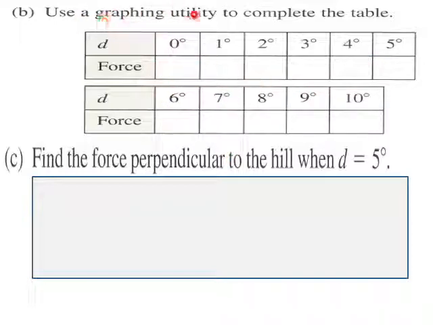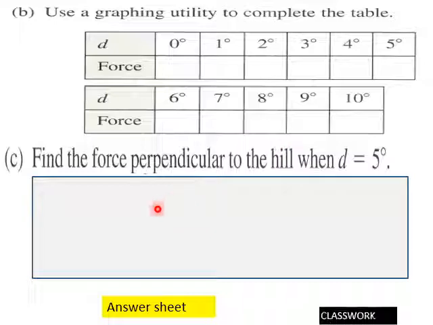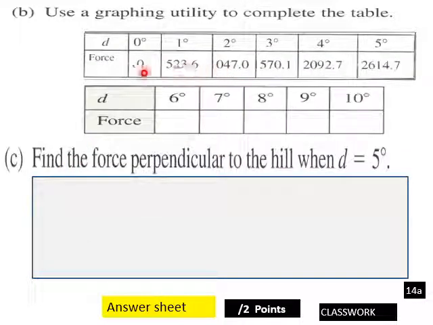We're going to use the graphing calculator to complete this table. These would be the different slopes of the ramp, from 0 to 10 degrees. When we fill that out, we'll find the forces needed to hold that truck.